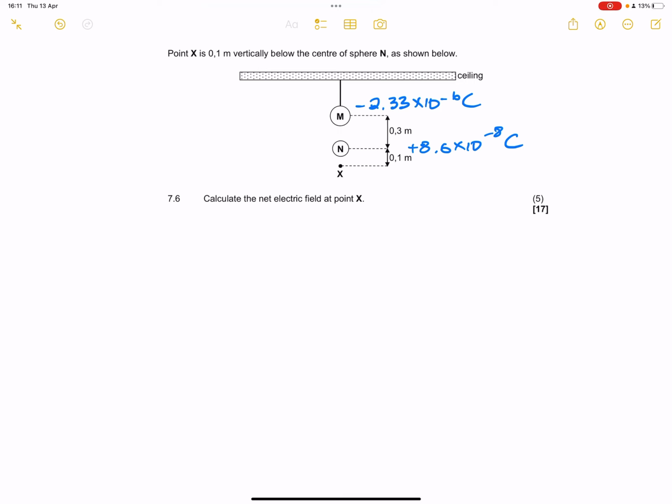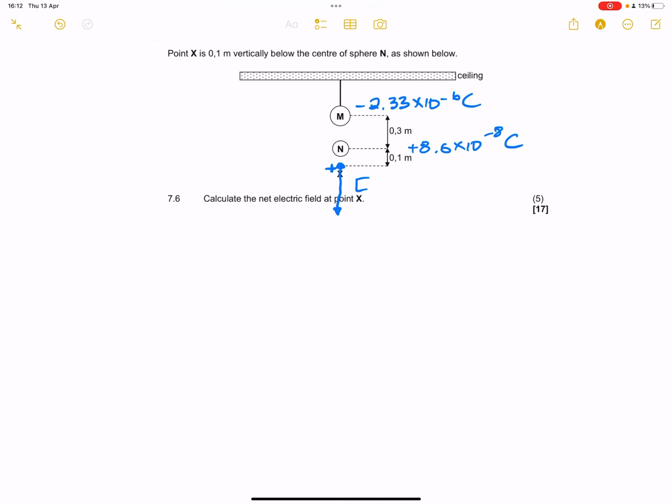Right, now, in this case, remember, when it comes to electric field at point X, we always assume, or actually model, that point charge there as an imaginary positive point charge. So what's going to happen? It means that M is going to repel this charge, isn't it?